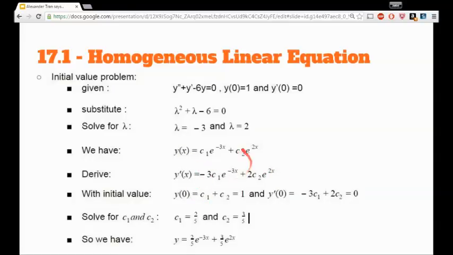Now we can use these two equations and the initial values to solve for C1 and C2. We can set y0 is equal to C1 plus C2, which is equal to 1, and y prime 0 is equal to negative 3C1 plus 2C2, which is equal to 0.